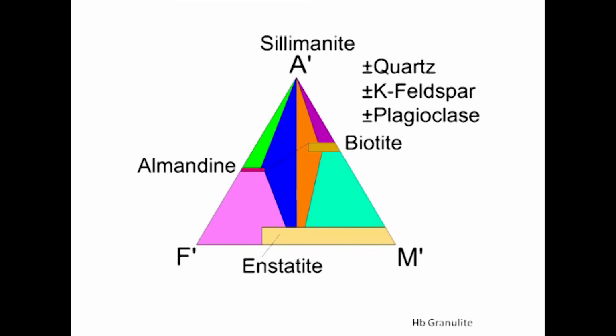This is commonly called the A'-F'-M' projection, in which points of minerals and rocks that are situated within the K2O, Al2O3, FeO, MgO tetrahedron are projected on the Al2O3, FeO, MgO plane by using potash feldspar as the point of projection.